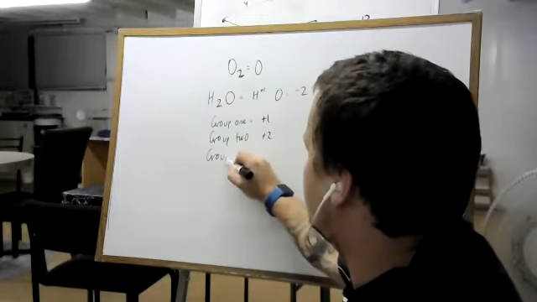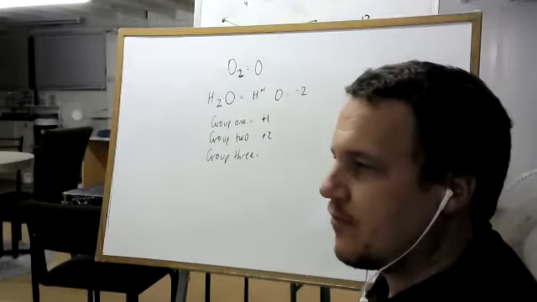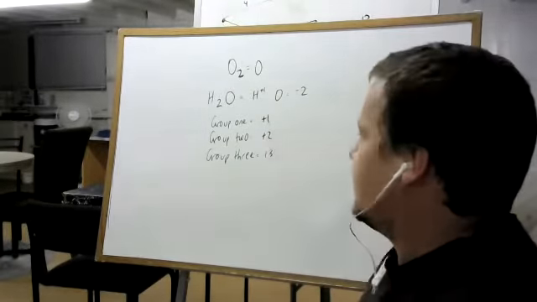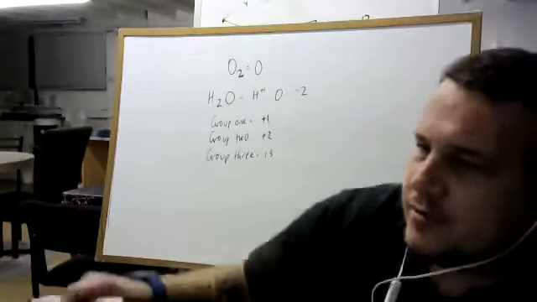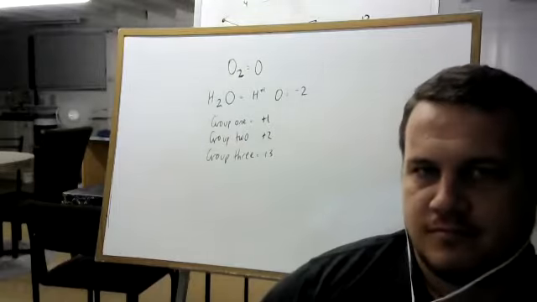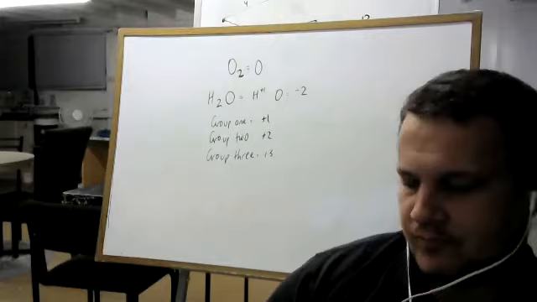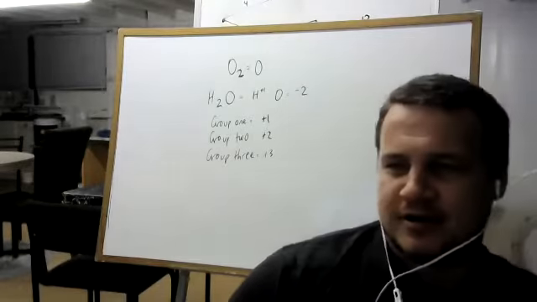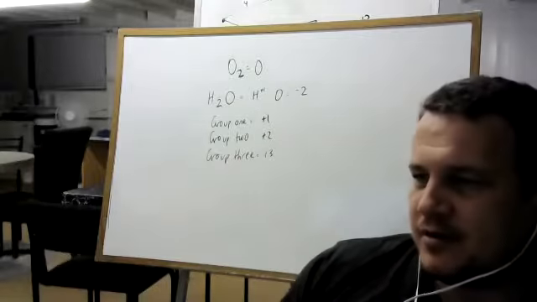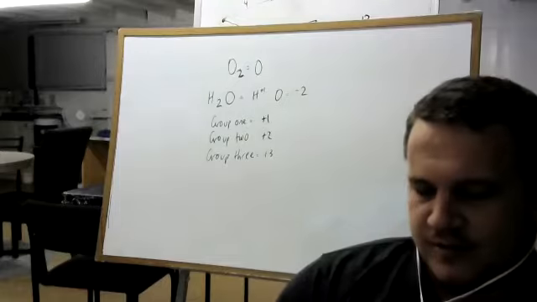Group 3. +3. Group 4 can go either way. Group 5 is -3. Group 6 is -2. Group 7 is -1. So write that down, take 25 seconds.